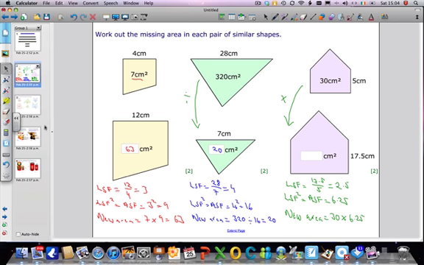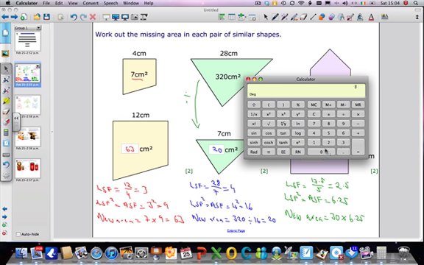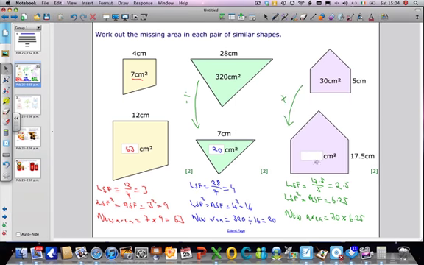And 30 multiplied by 6.25 gives us 187.5. So that is the new area, 187.5.